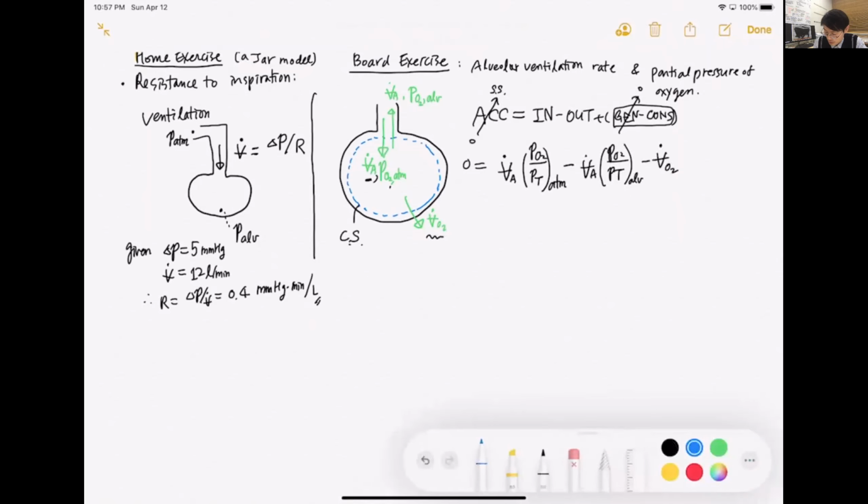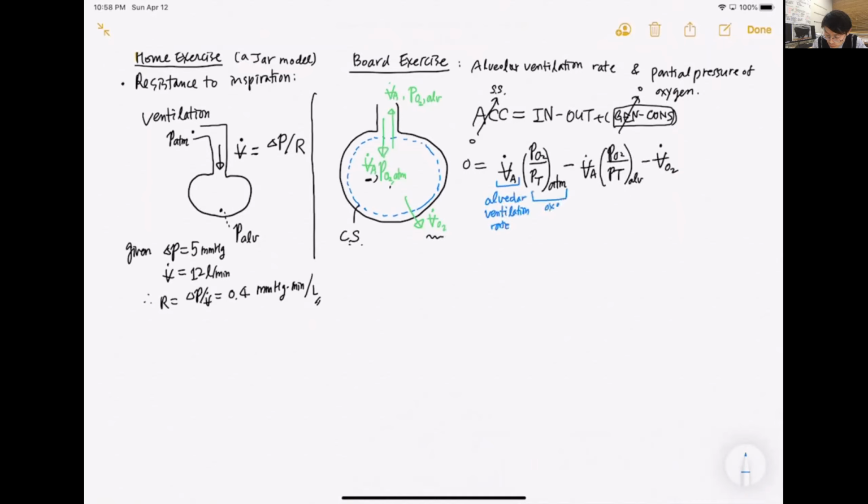So let me describe it a little more. This is the alveolar ventilation rate, and this is the oxygen volume fraction.